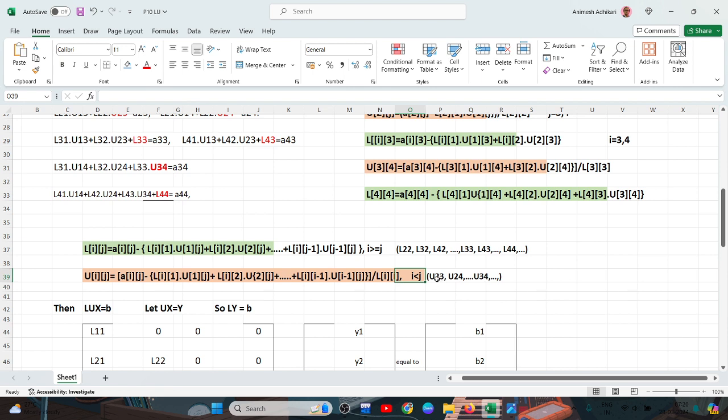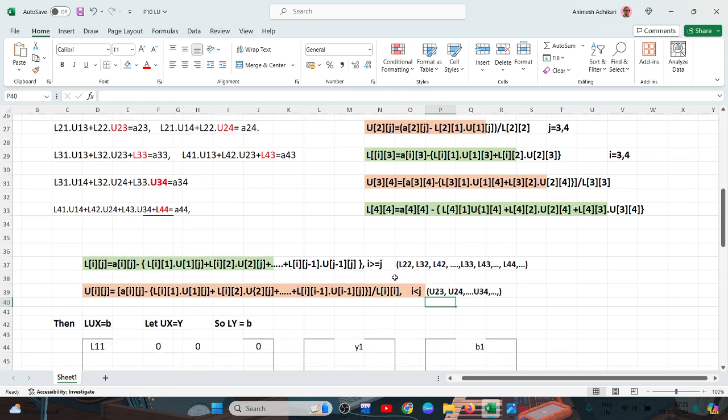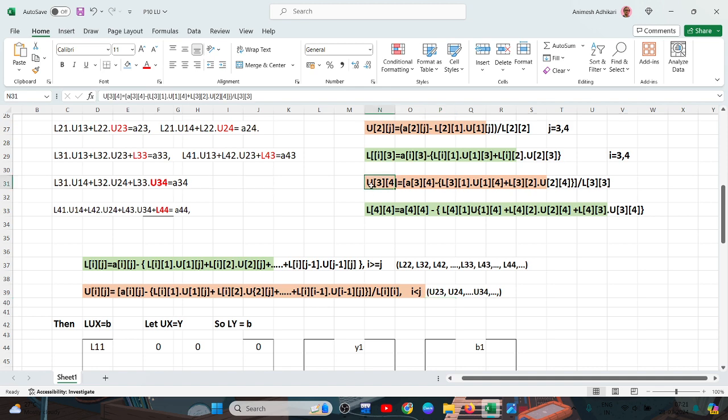Here obviously 2 is less than 3, 2 less than 4, 3 less than 4. We write this compactly, and from this equation we get U34, the red highlighted letter.